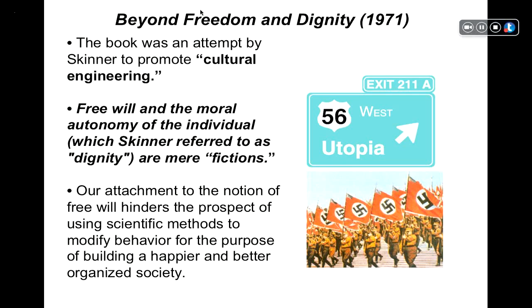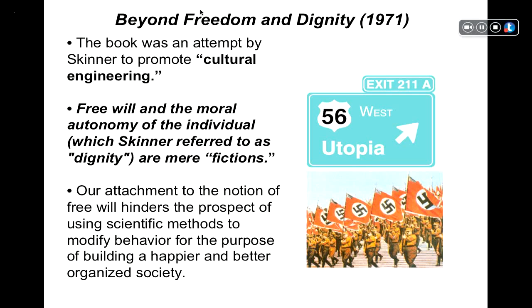To Skinner, behavior is being determined by environmental forces, consequences of our behavior. We don't need to refer to some intention in explaining behavior. We can explain behavior perfectly adequately by identifying those environmental factors that draw it forth.